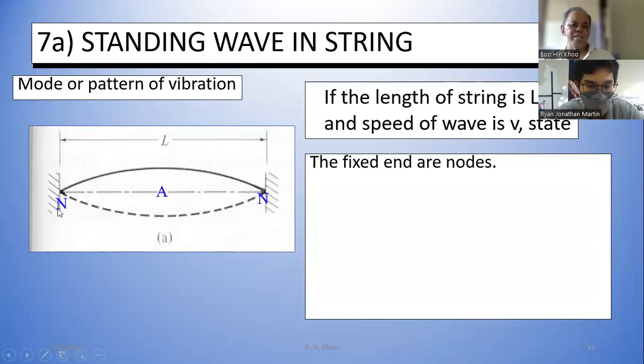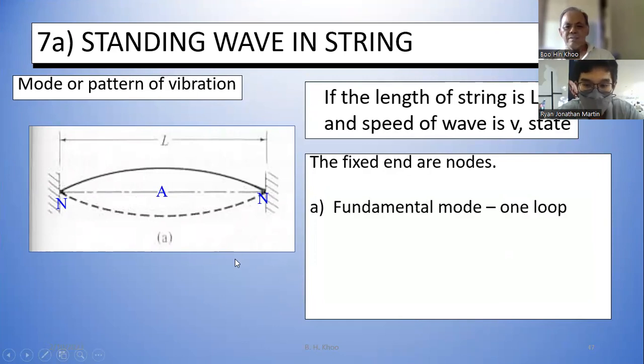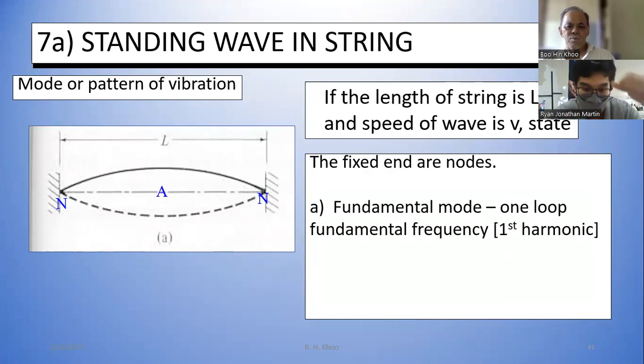So you should be able to write where is the node, where's the antinode, and where's the node. Fundamental mode, one loop, or we call it fundamental frequency or first harmonic. You should be able to read that this is half a wavelength equals L. So we call this the first wavelength, lambda 1 equals 2L.